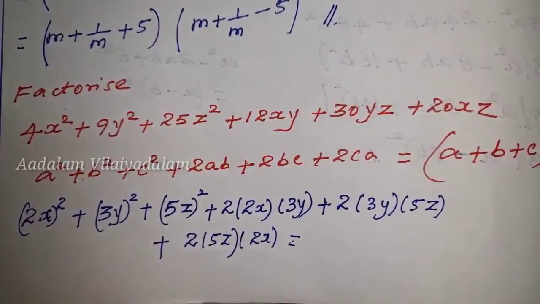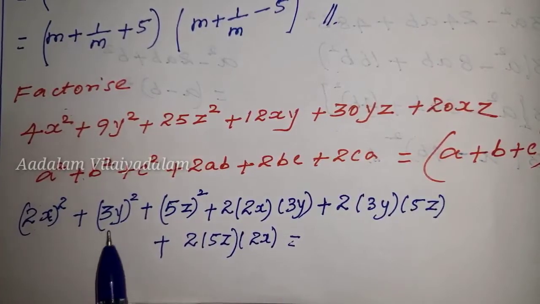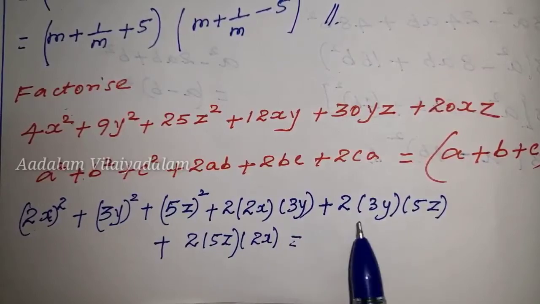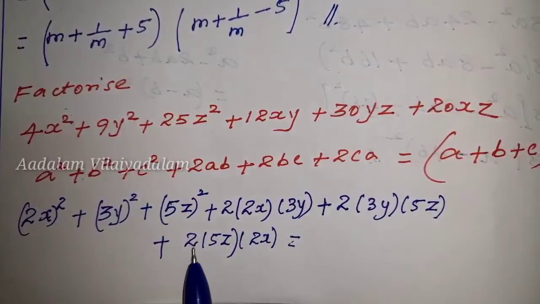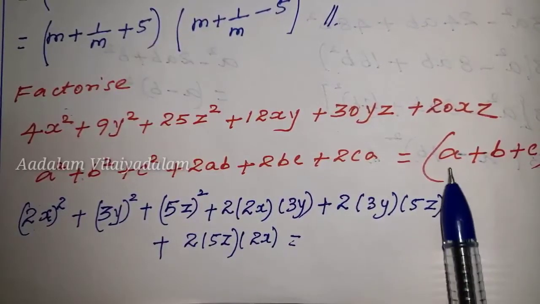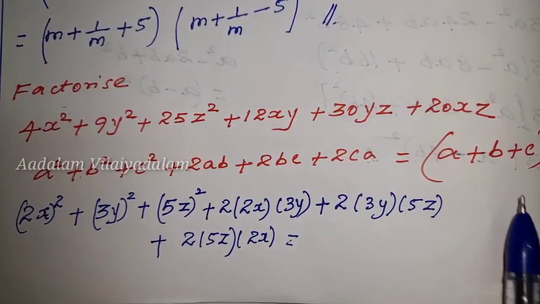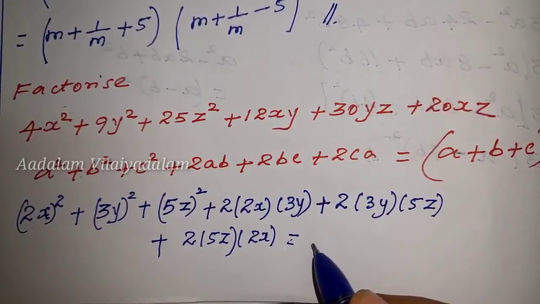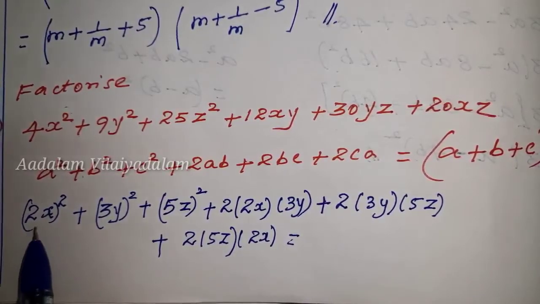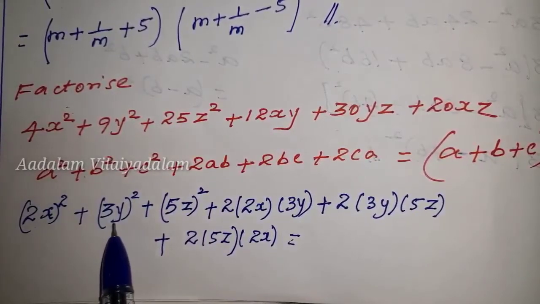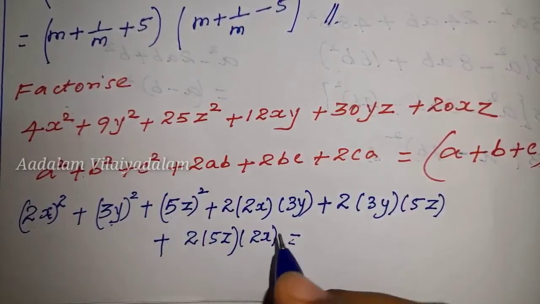So this is the format of a square plus b square plus c square plus 2ab plus 2bc plus 2ca. What is the answer? It is equal to a plus b plus c the whole square, the right side only. What is a? a equal to 2x, b equal to 3y, c equal to 5z.